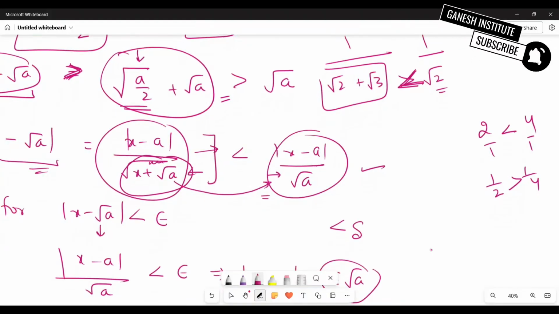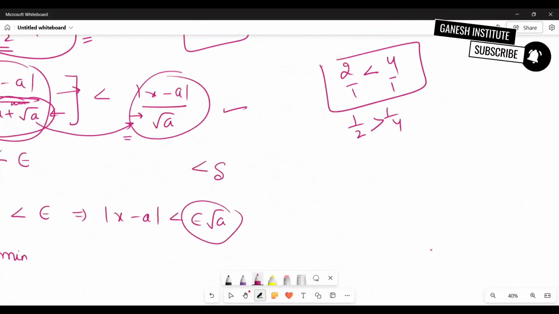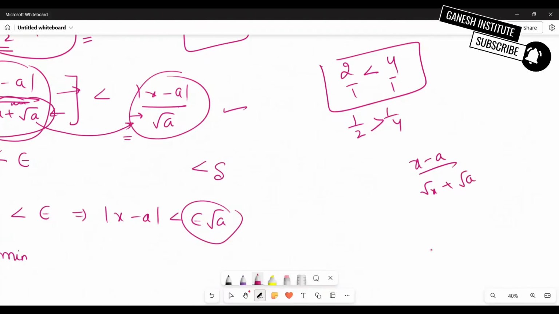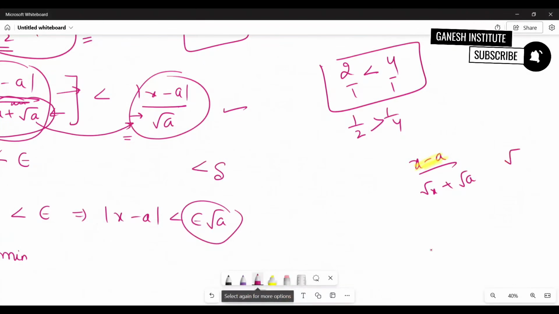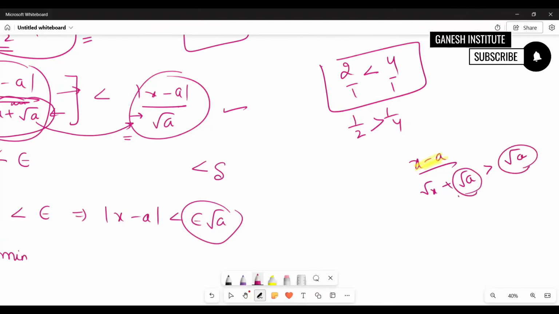I don't get it. See, you have this. Initially, you had x minus a upon root x plus root a, right? Just at the moment, don't see the numerator. If here you have root a, of course, this is greater, right? The left side. Because it is only root a here, but it has something adding to it, which is also a positive number.